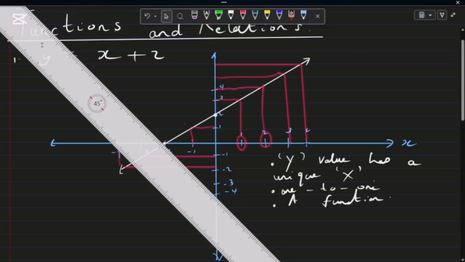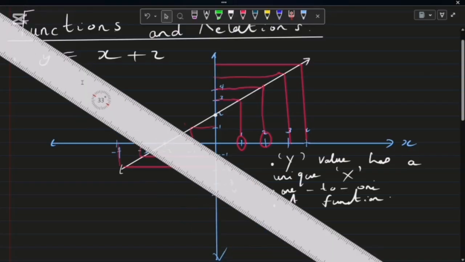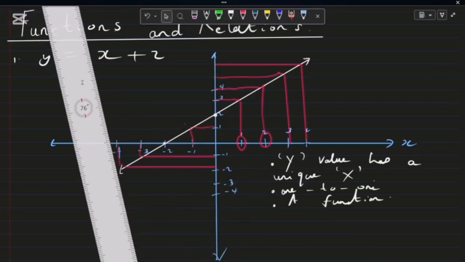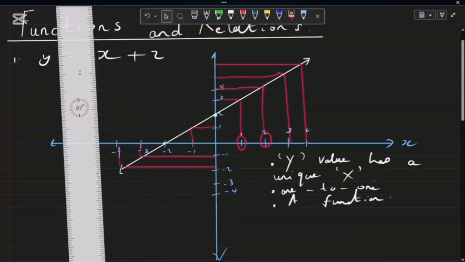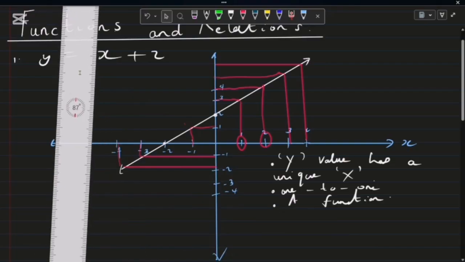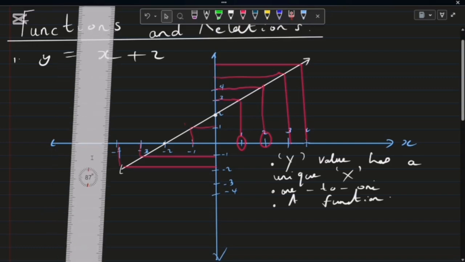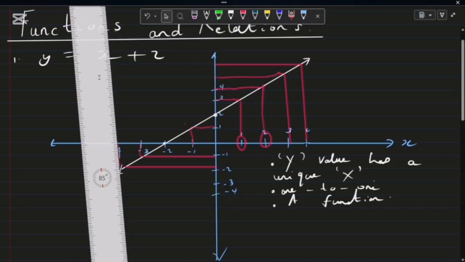I want it to be vertical, 90 degrees. Okay, here we go.